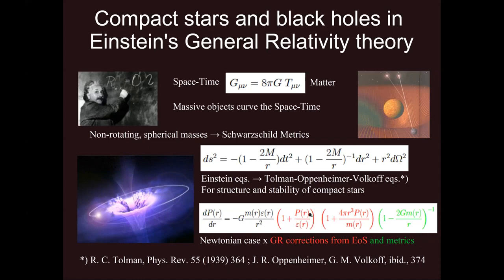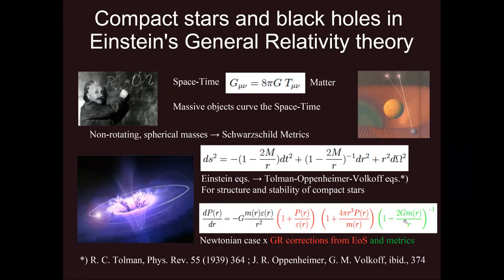And here we see the role which the equation of state, P versus epsilon, plays in this business, and also what the modification of space-time in the vicinity and the interior of compact stars will play.